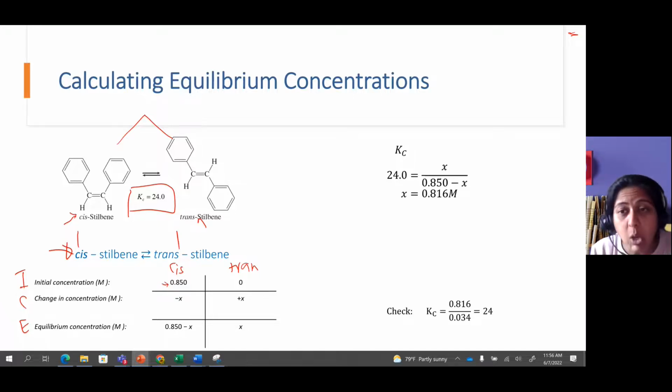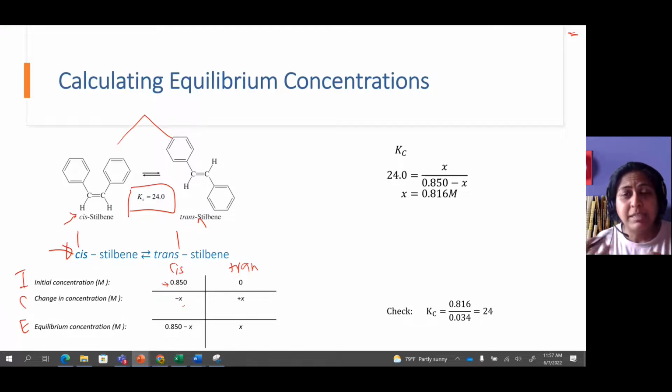Next, we don't know the equilibrium concentration. We assume an x amount of the reactant will be consumed. Then how much will be produced from the product?